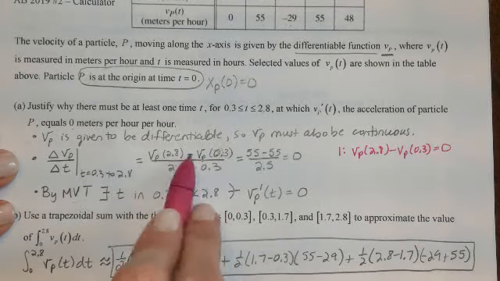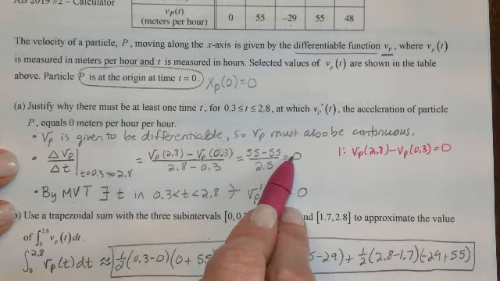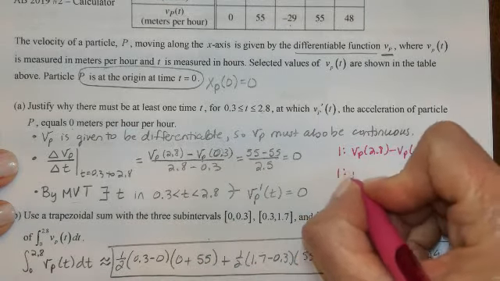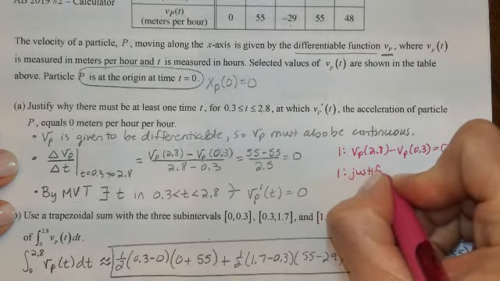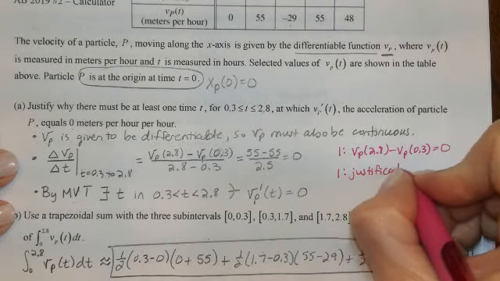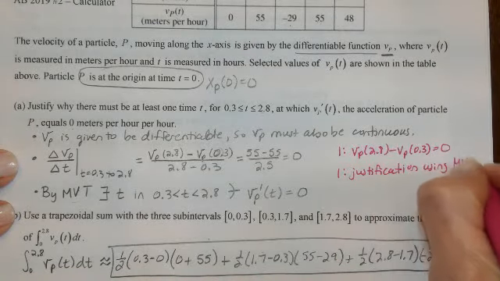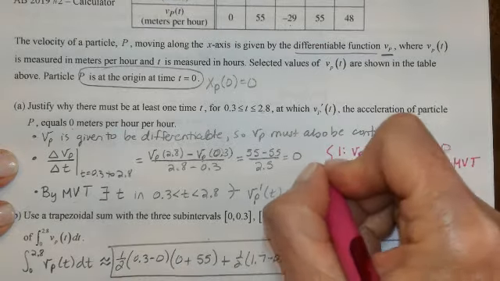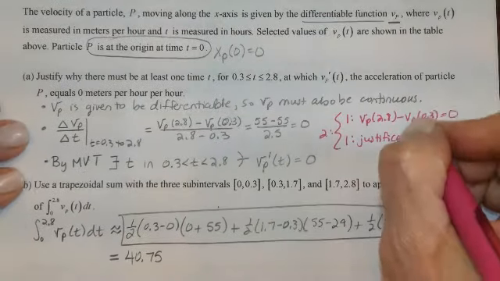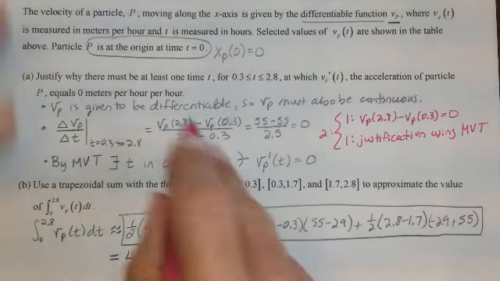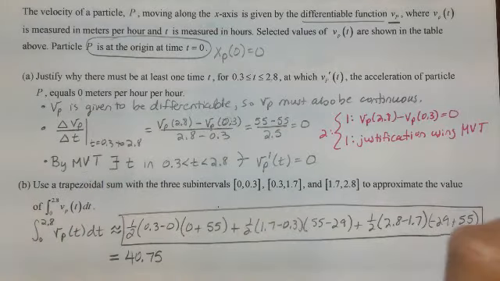They gave 1 point for that, saying that that was equal to 0. Then they gave 1 point for justification using the mean value theorem. And remember, you do not have to say the words mean value theorem, but you are using mean value theorem when you do this process.